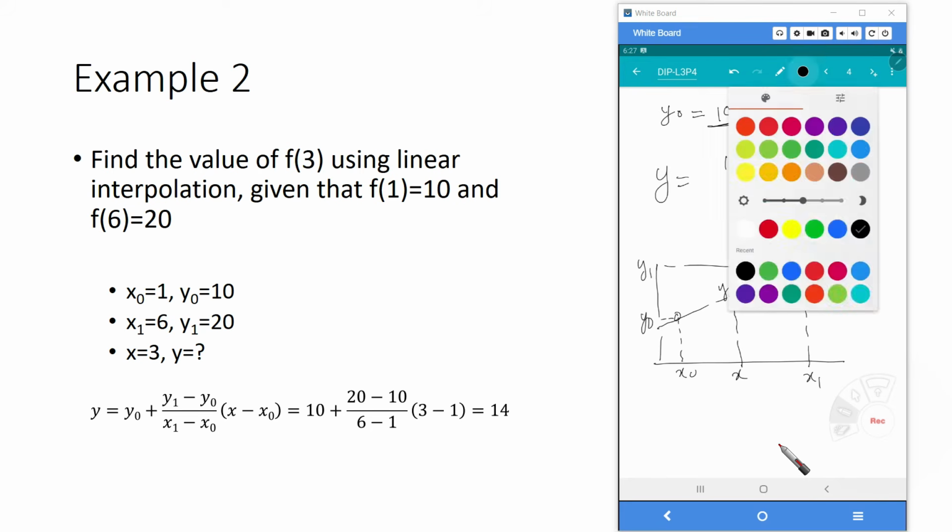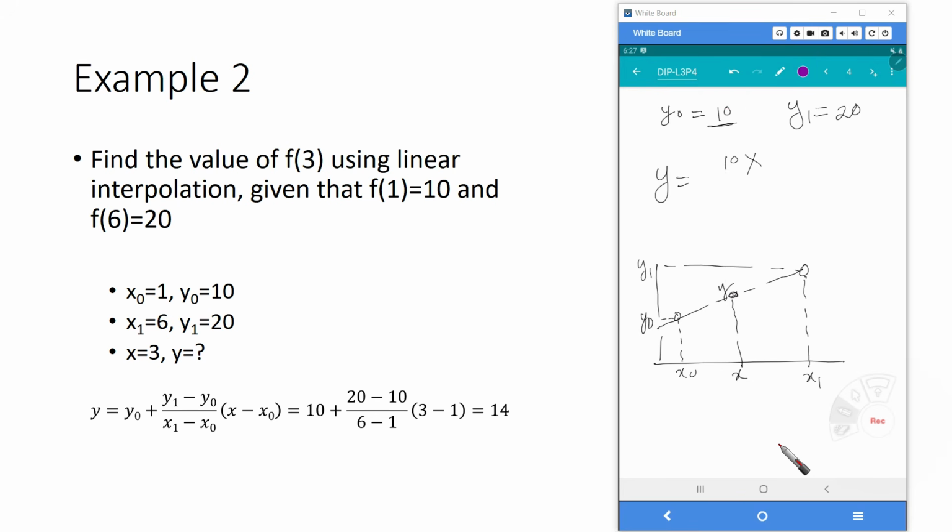So we take the first value 10 and this distance. This distance is x1 minus x, where x is 3, the point we wanted to calculate, and x1 is 6. So 6 minus 3 is 3.